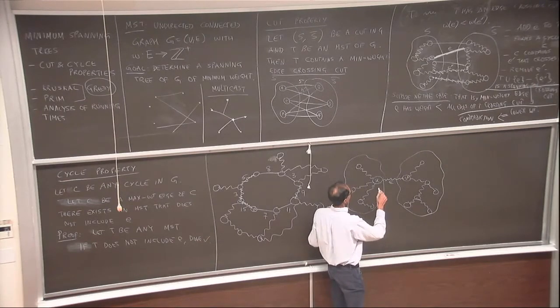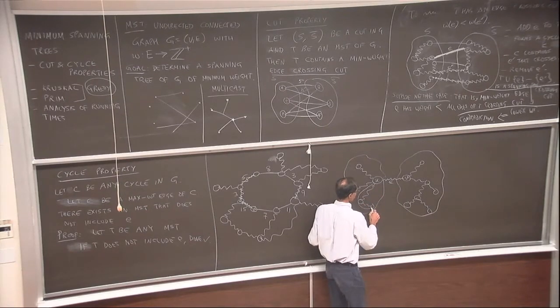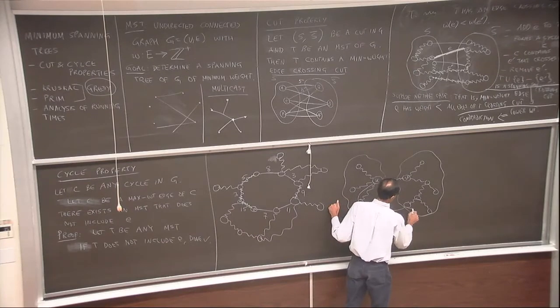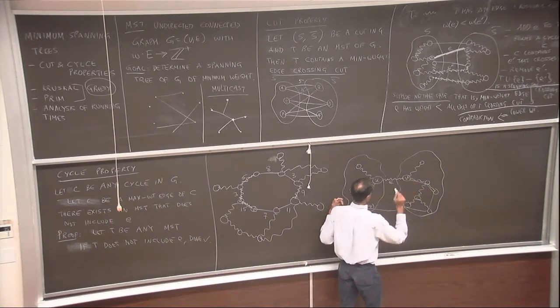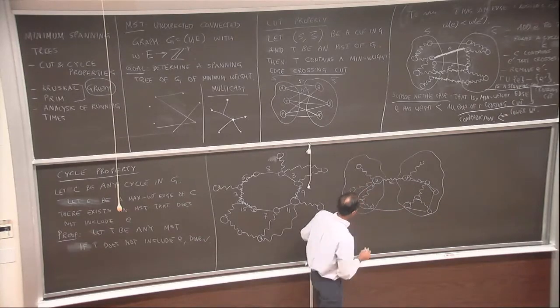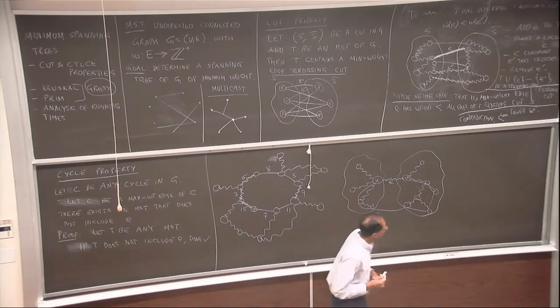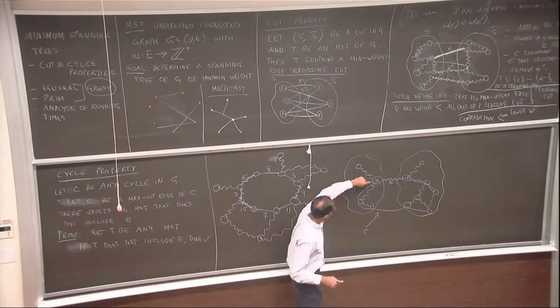So let's follow that. So it is some cycle. So it goes like this, maybe like this, this, this. Let's say this was the cycle. Anyway, so this is the cycle.